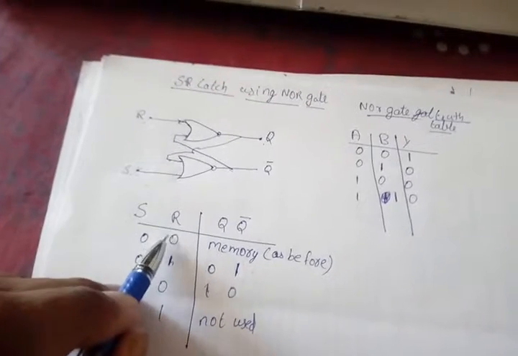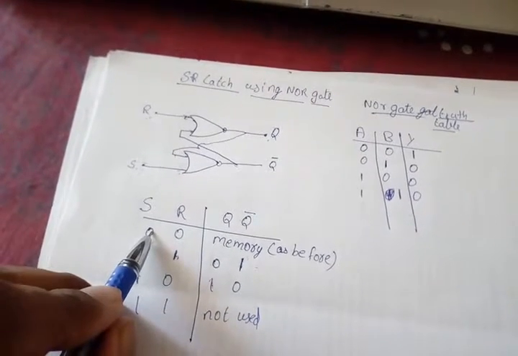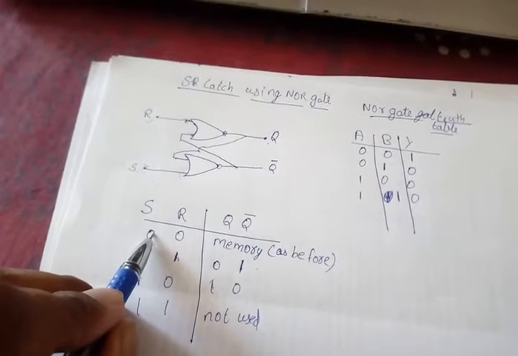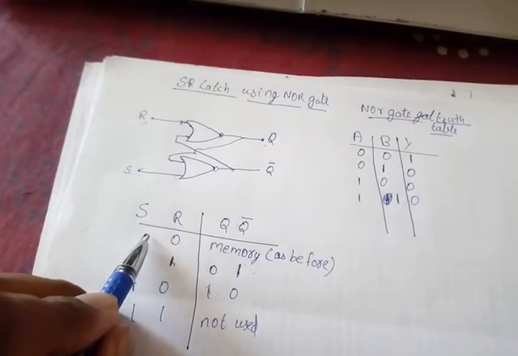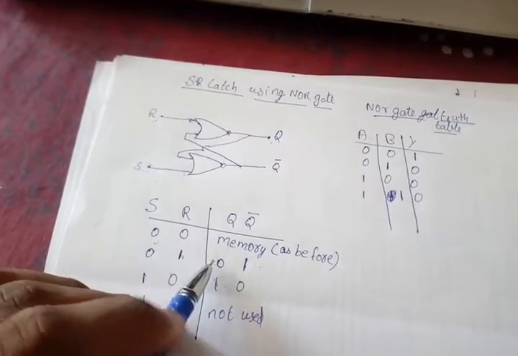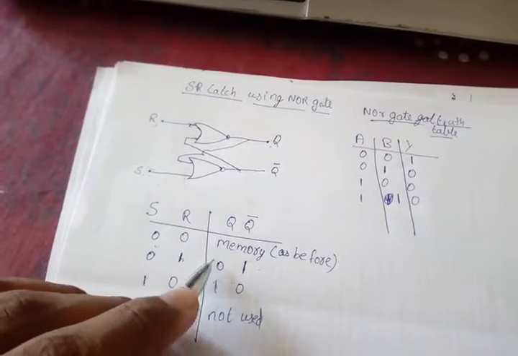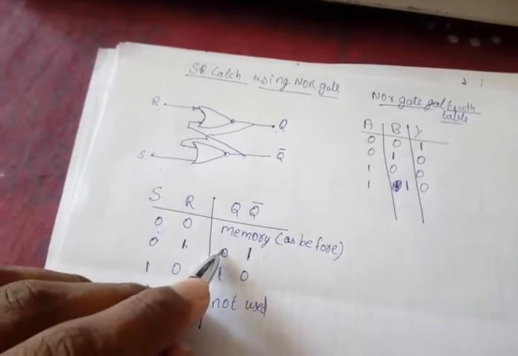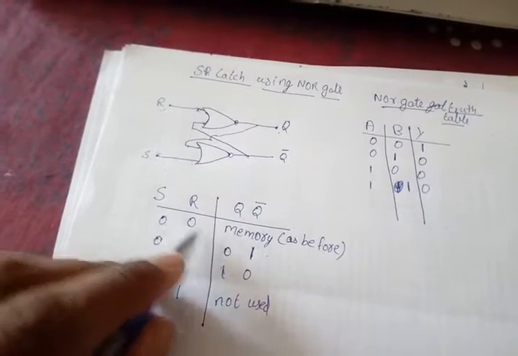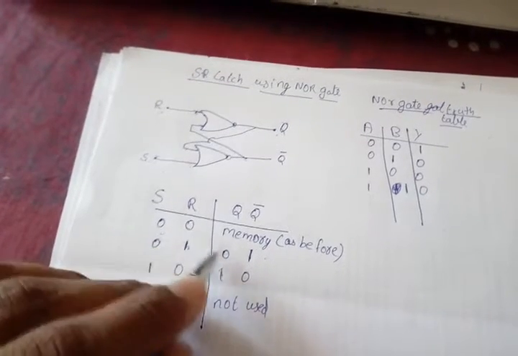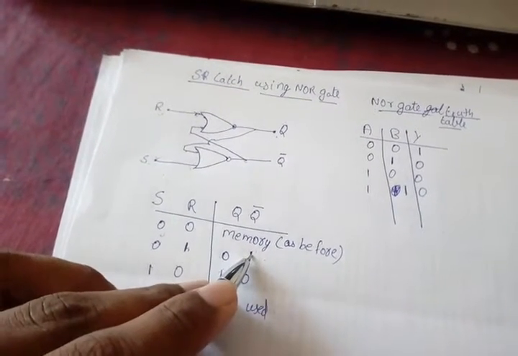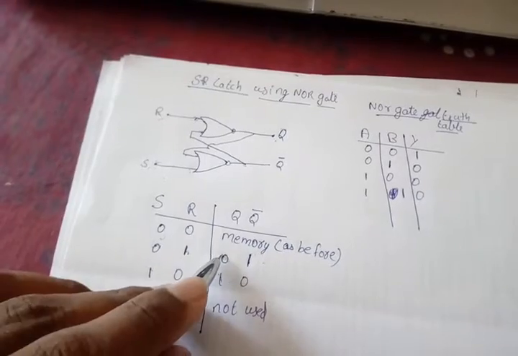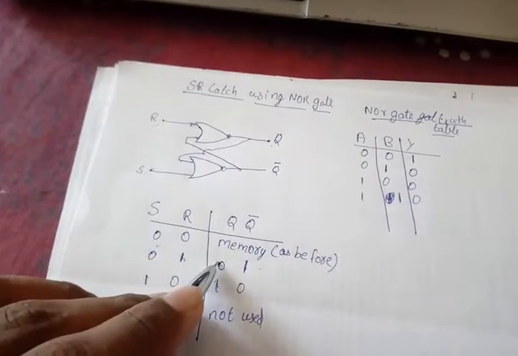Next we have to look at what will happen when 0 0 is given as the input. To understand this, we give 0 0 as input and take account of the output. Now we consider the case when we give 0 0 as input and the output is 0 1.